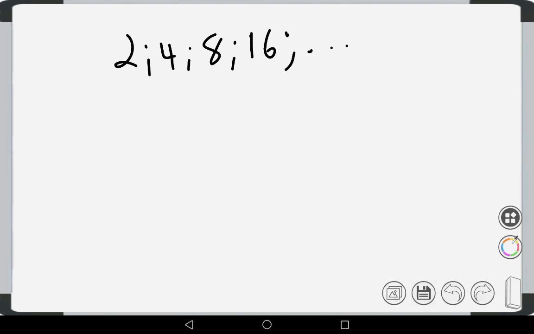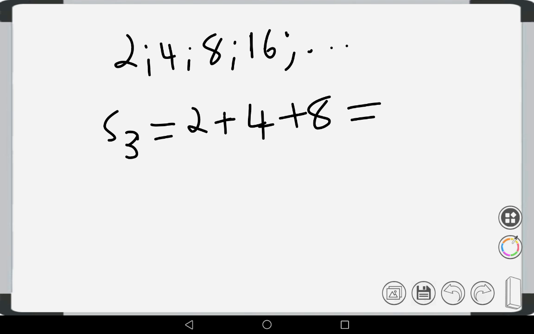If we want to find S3, we know that S3 is 2 plus 4 plus 8, which gives us 14. Now let's use the formula to see what will happen.